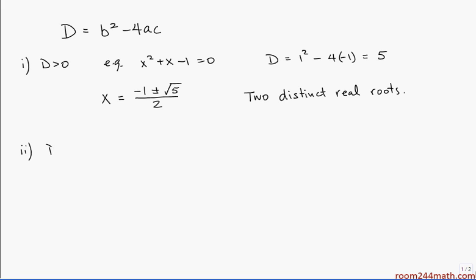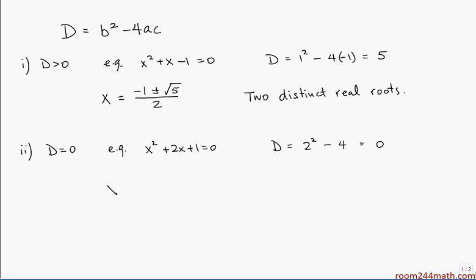Alright, let's take a look at the next possibility. The next possibility is that the discriminant is equal to 0. So as an example, let's take a look at x squared plus 2x plus 1 equal to 0. What's the discriminant? The discriminant is b squared, which in this case is 2 squared, minus 4 times 1 times 1. So that's 4 minus 4, which is 0. So we have a discriminant of 0.